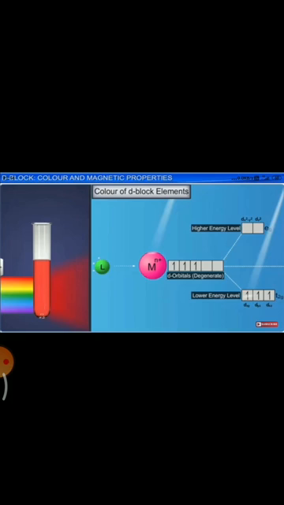When visible light falls on the transition metal ions, the unpaired electrons undergo excitation from t2g to eg by absorbing radiation from the visible light. The remaining colors are transmitted, and the color we observe is the complementary color of the color absorbed.